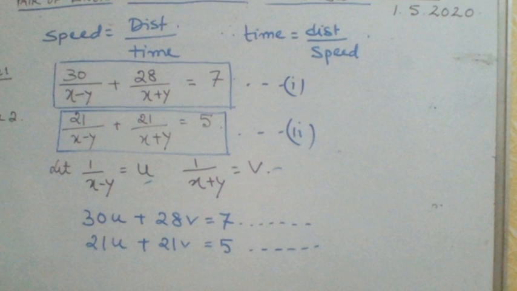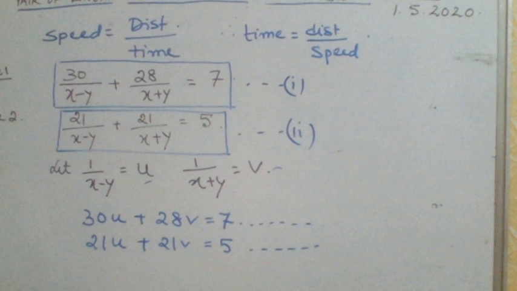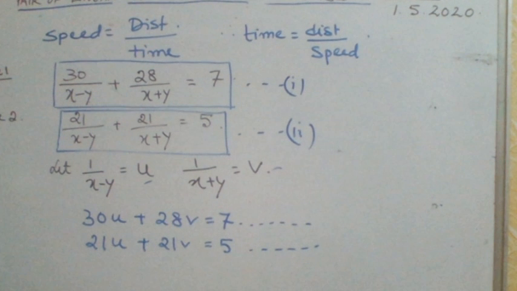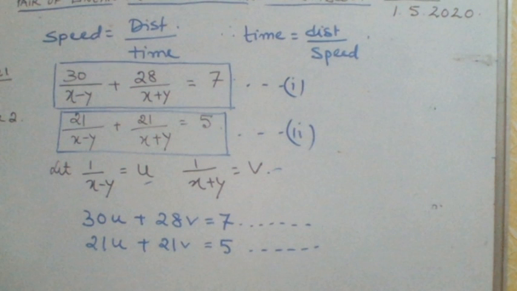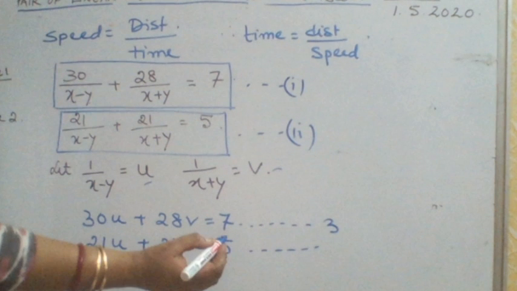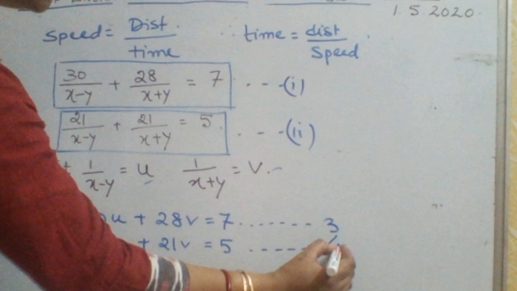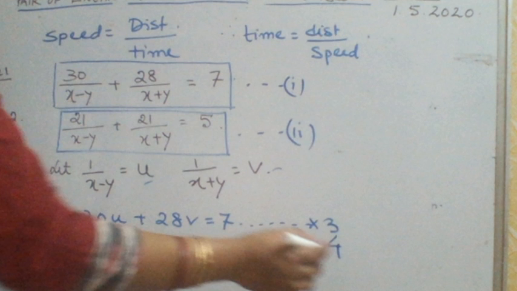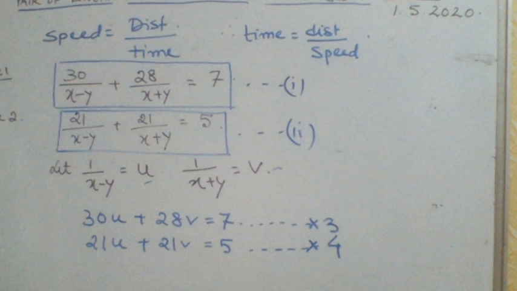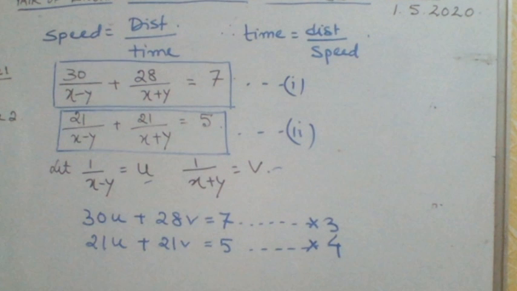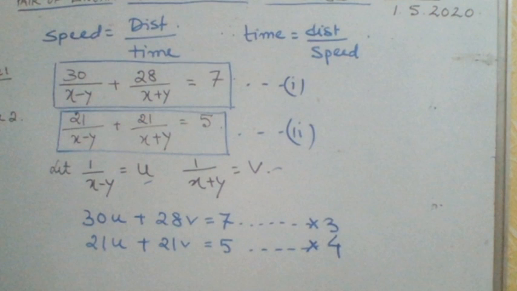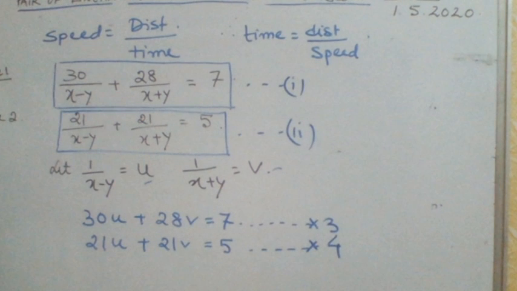Now in order to solve them, you need to multiply. The coefficients are 21 and 28, so we can multiply the first equation by 3 and the second by 4. That will give 28 into 3, which is 84, and 21 into 4, which is also 84.